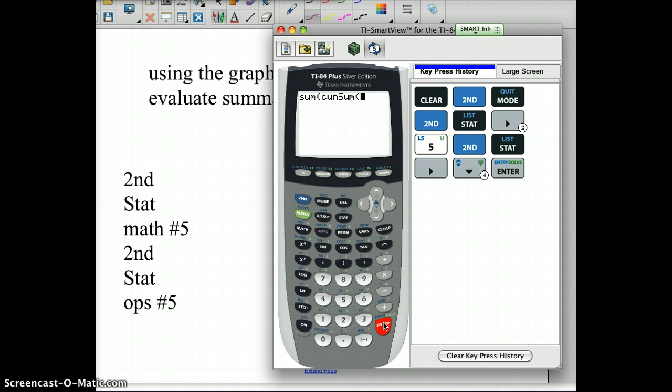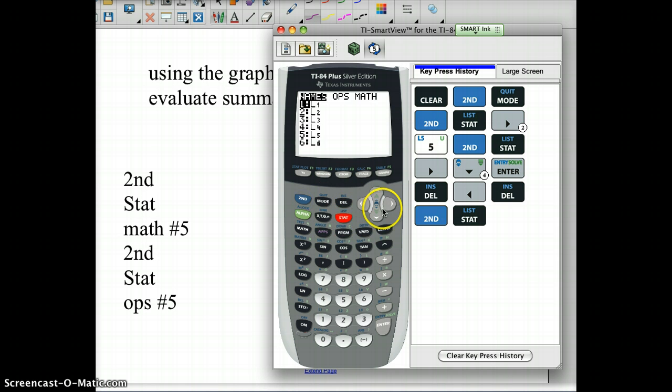Hit enter. Oh, did I do the wrong thing? I did cumulative sum instead. Oh, I did 6. There we go. Okay, you get some sequence.